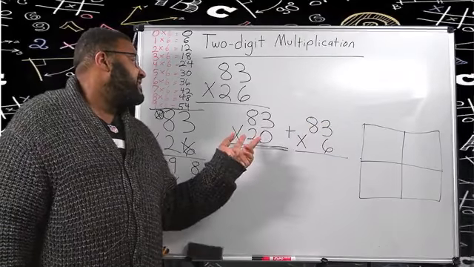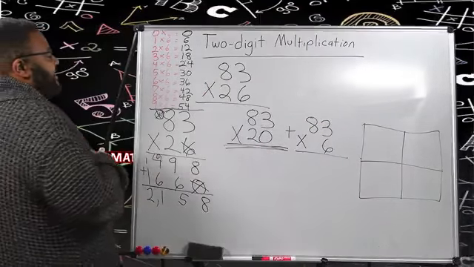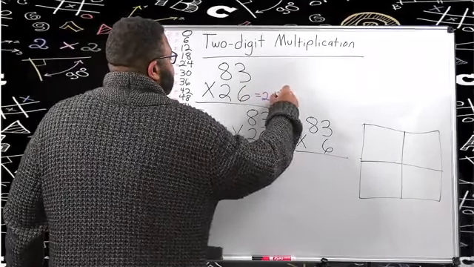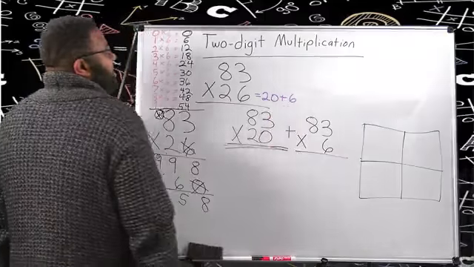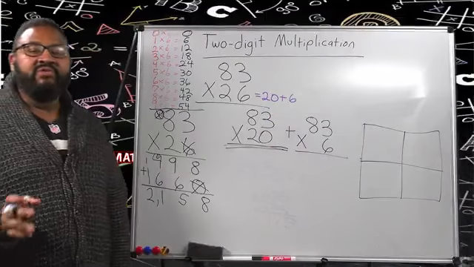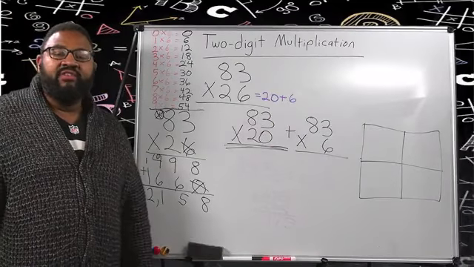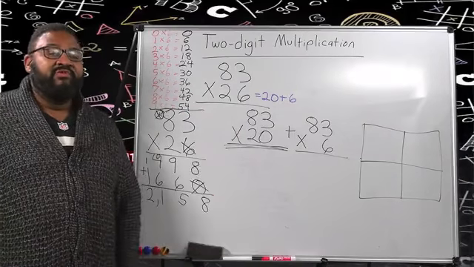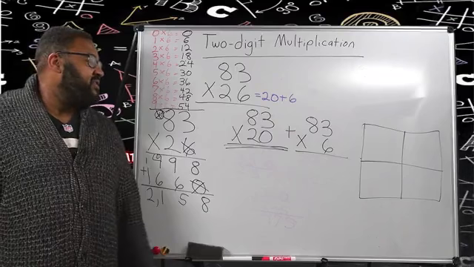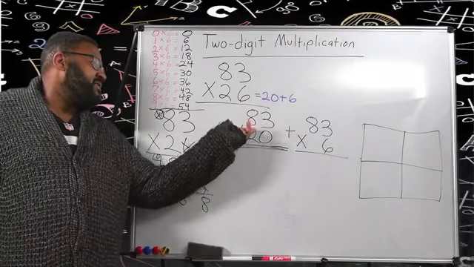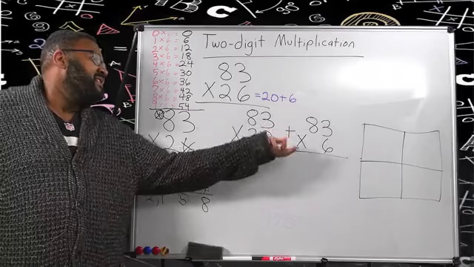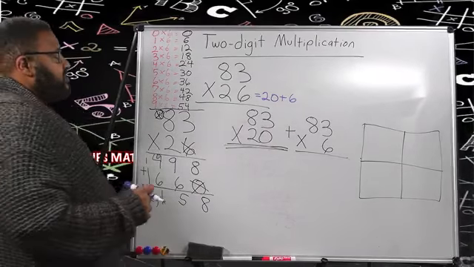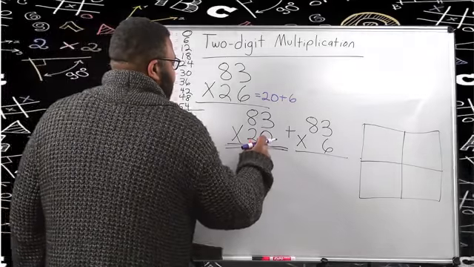What I did different this time is I came up here and I did 20 plus 6, okay? I call that expanded notation. We've done this before when we talk about place value. So I put the 83 times 20 here plus the 83 times 6.